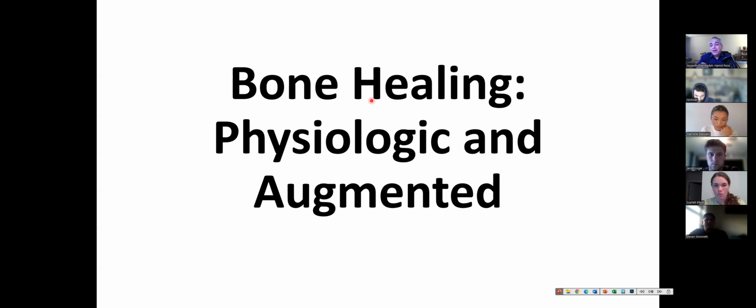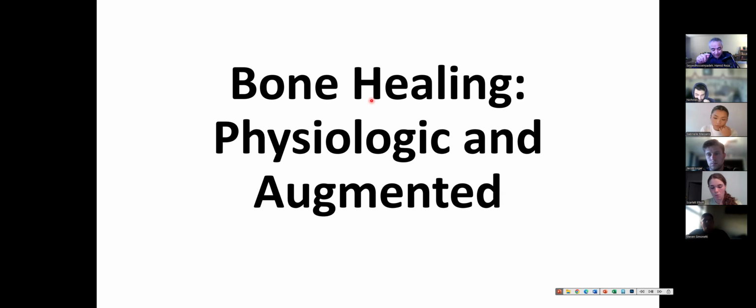When you design an implant and the implant is inserted inside the bone, there must be a bond between the implant and bone. And this bond is formed by bone healing mechanism. And if there is a failure in the device, actually it is a failure in bone healing.